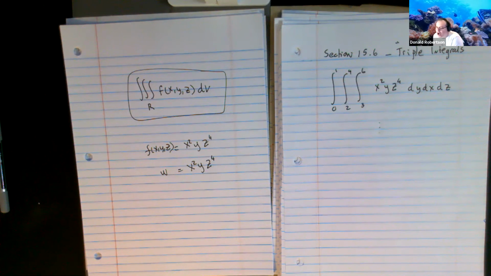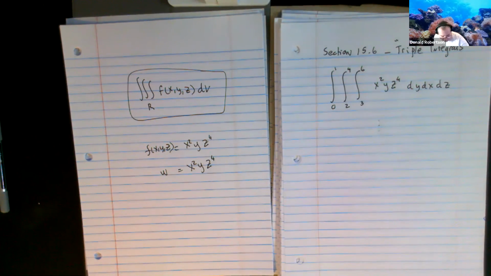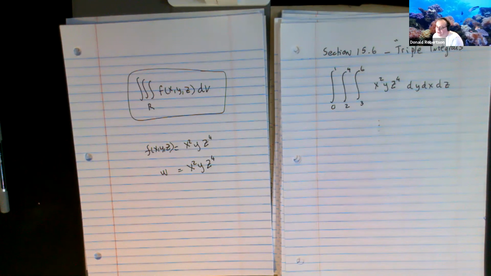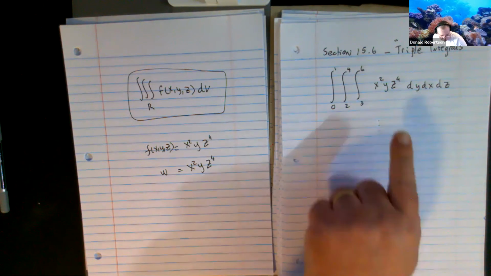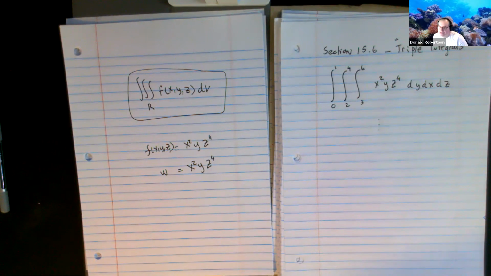It's like adding up something: this is the thing that you're adding up, and this is the region in 3D space that you're adding it over. Technically, it's a fourth dimensional thing, because for every point in 3D, there is a fourth variable, w, which uses the x, y, and z coordinates.